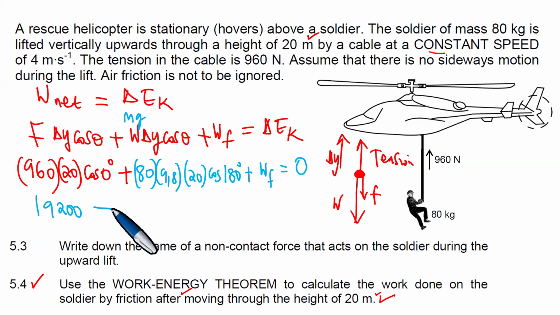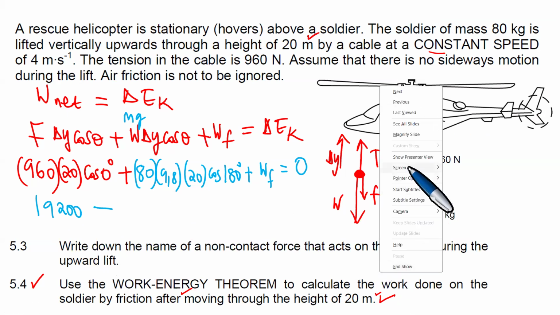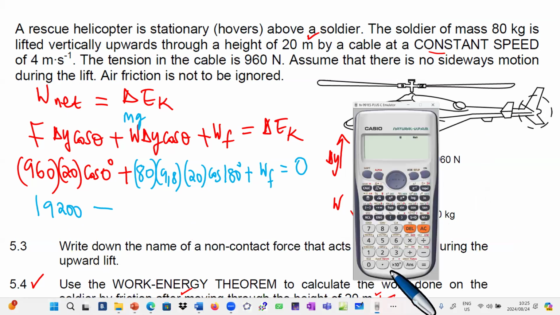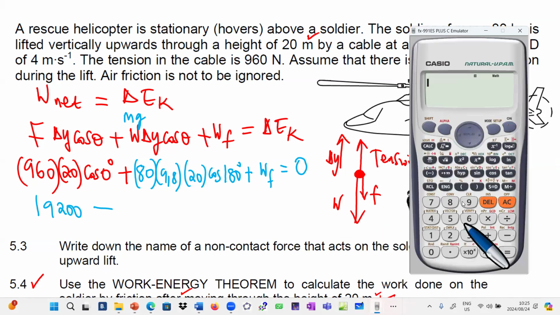This one is going to be negative, but let us confirm what this one is going to be. 80 times 9.8 times 20 times cosine 180 degrees, which is minus 15,680.